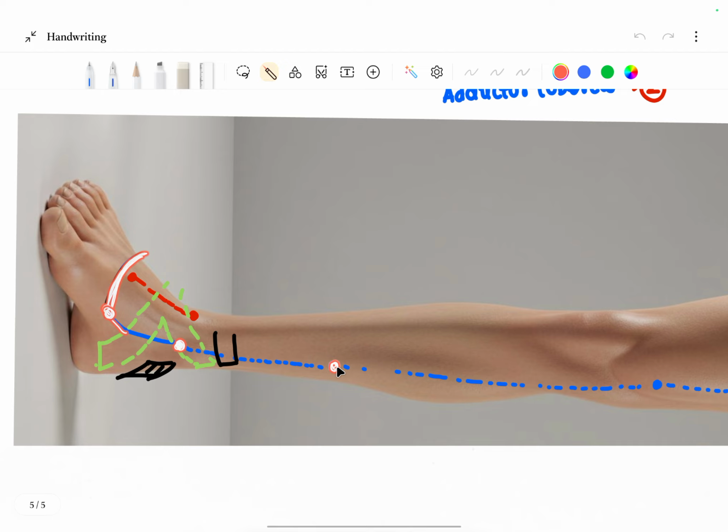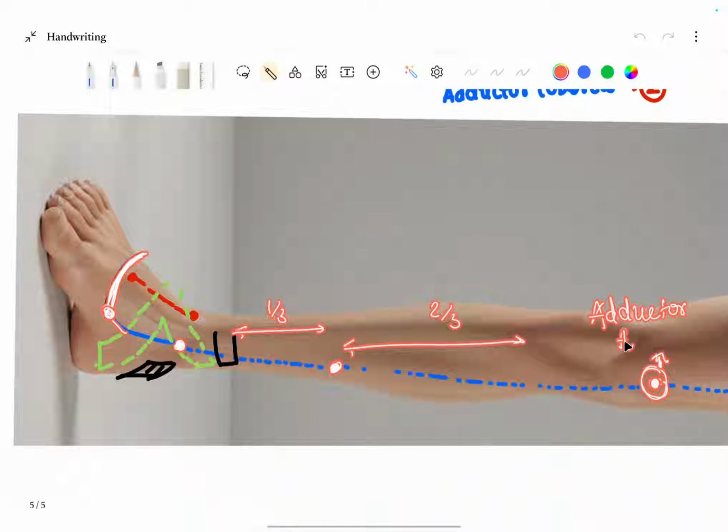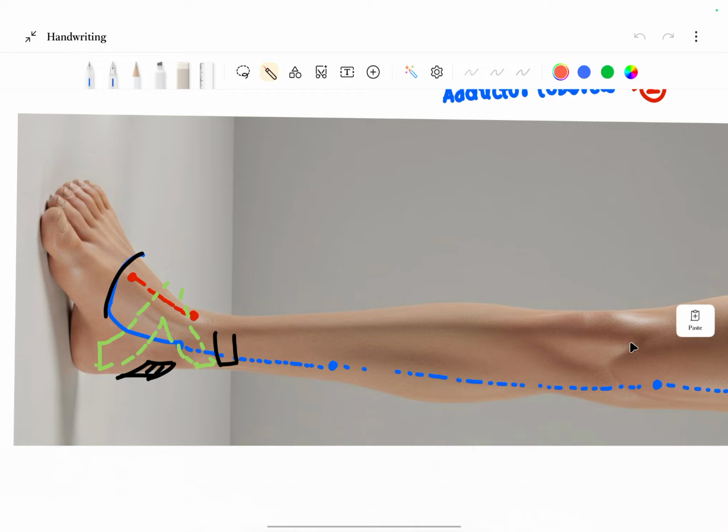The third point is between the upper two third and lower one third of the tibia. The fourth point is at the level of the adductor tubercle of the femur, which you can also feel.